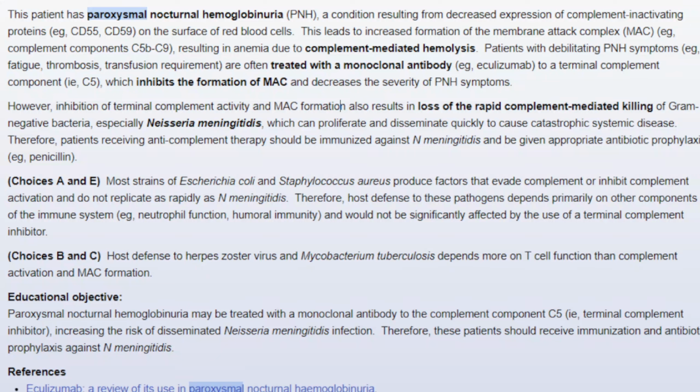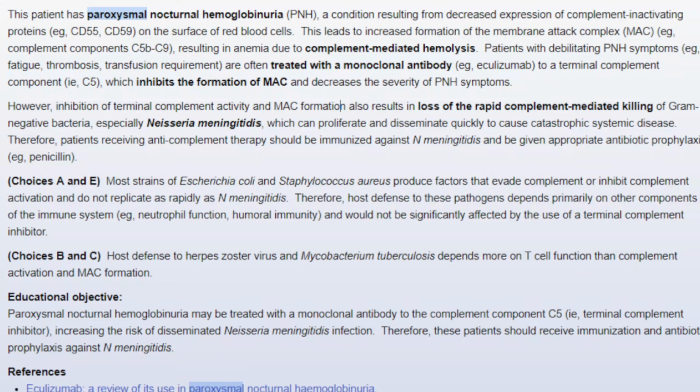Therefore, patients receiving anti-complement therapy should be immunized against Neisseria meningitidis and be given appropriate antibiotic prophylaxis, for example, penicillin. That could be another answer. Which of the following medications could be given to this kind of patient? So the answer is penicillin.